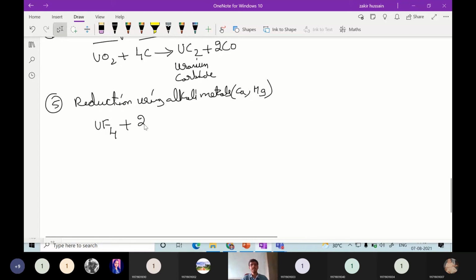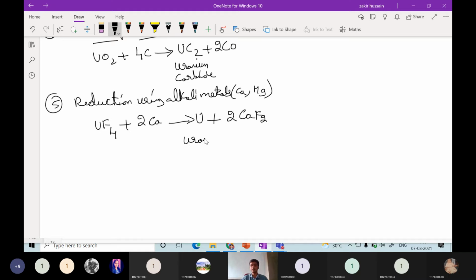So UF4 plus 2 calcium will give uranium metal, pure uranium metal, plus 2CaF2. So this is pure uranium metal, and this is calcium fluoride.